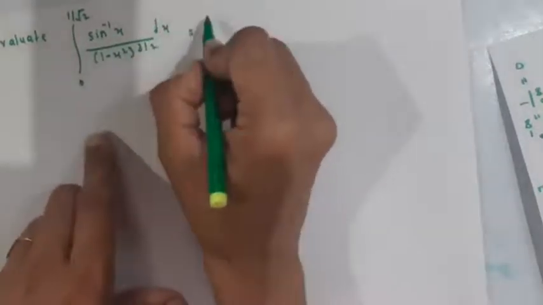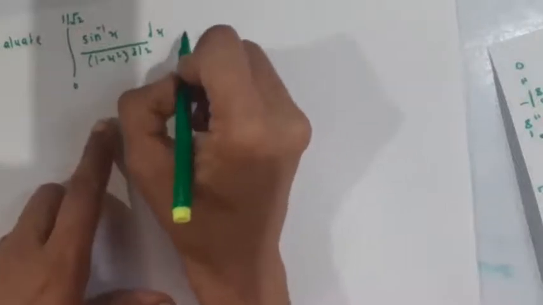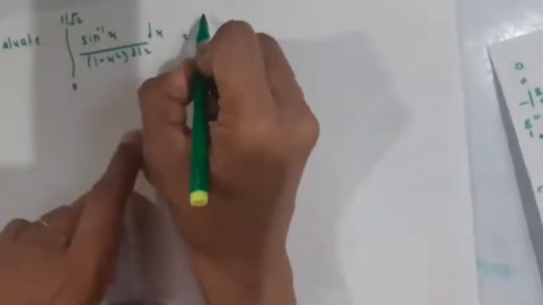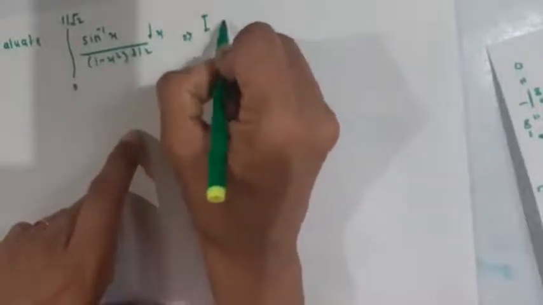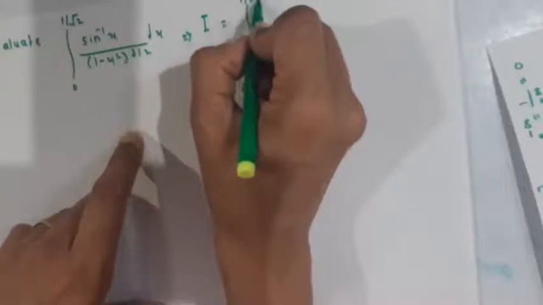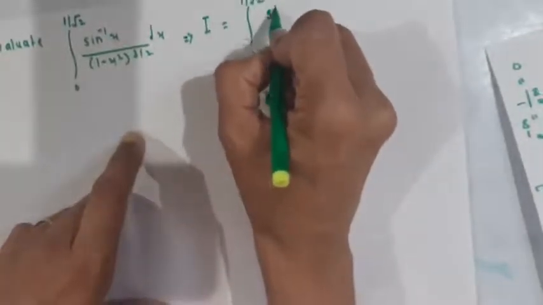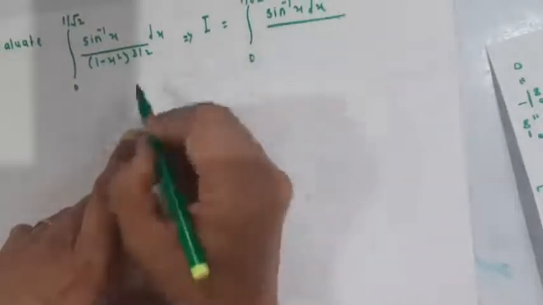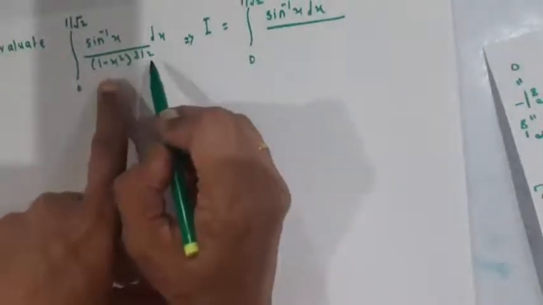Okay students, first let us simplify the problem. Suppose I equals the integration from 0 to 1 upon square root of 2, sine inverse of x with respect to x upon (1 minus x square) raised to 3 by 2.